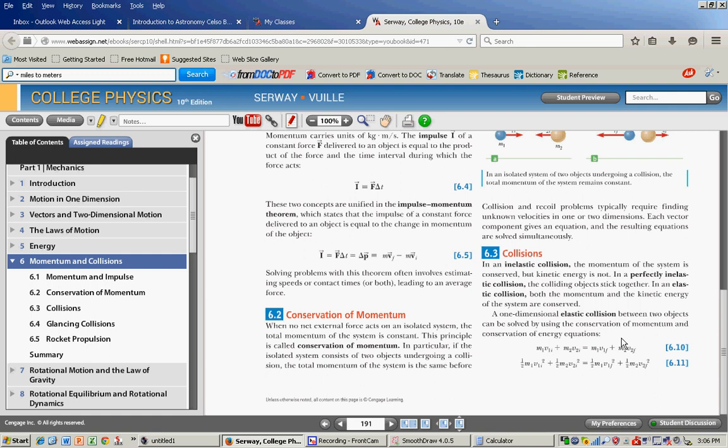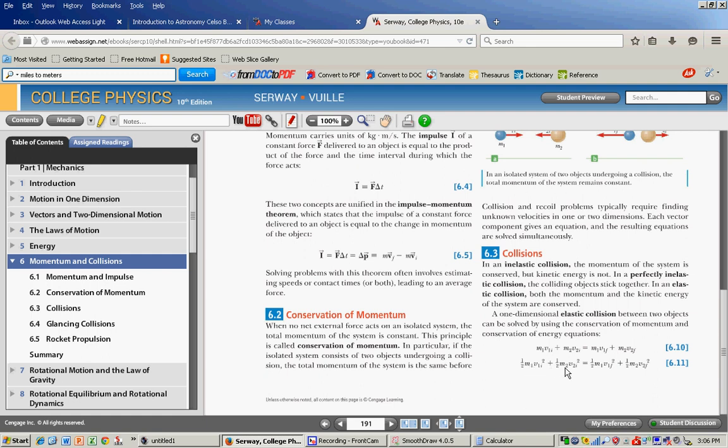So conservation of momentum, as we have been studying, can be applied, as we have been using until now. Now, in addition to that, you also have conservation of kinetic energy.